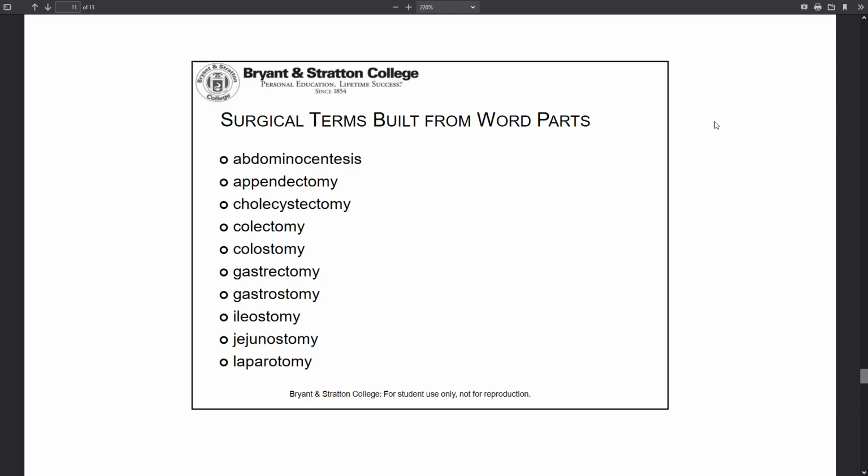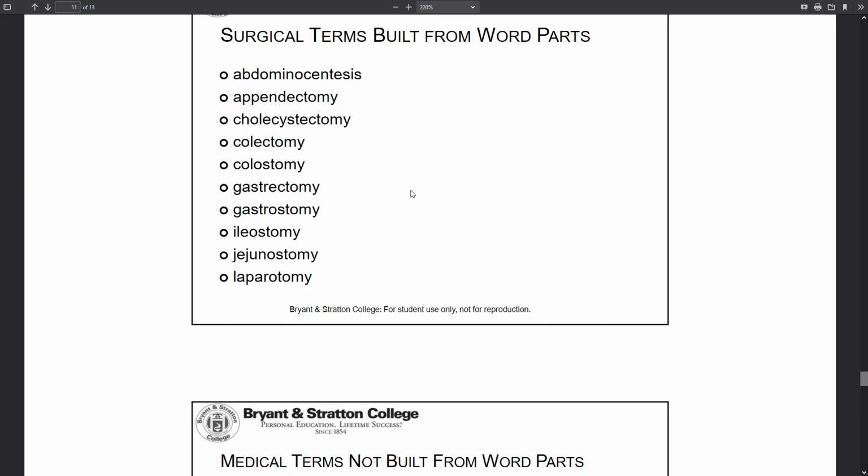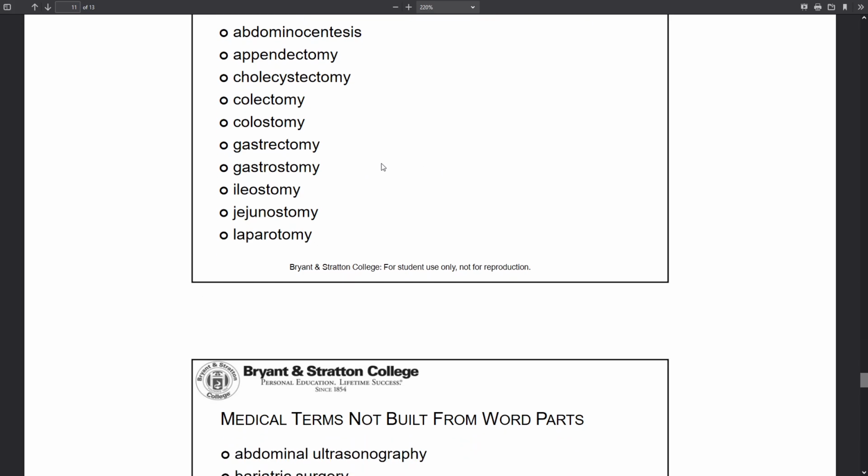Appendectomy, cholecystectomy, both of those are removals of their organs, so appendix and gallbladder. Colectomy is a partial removal. Colostomy is the colon. Ileostomy or jejunostomy can be done as well. We're removing parts of the small intestine.